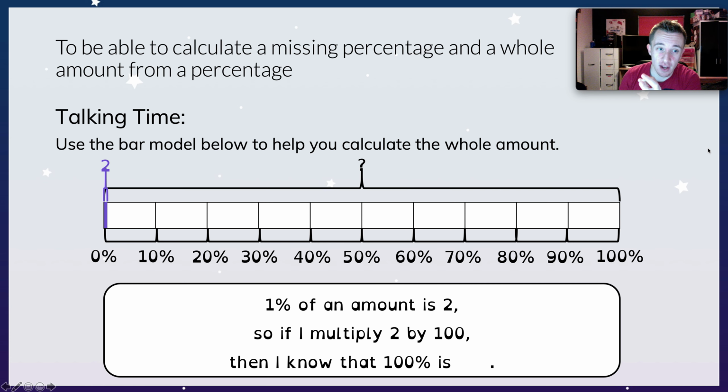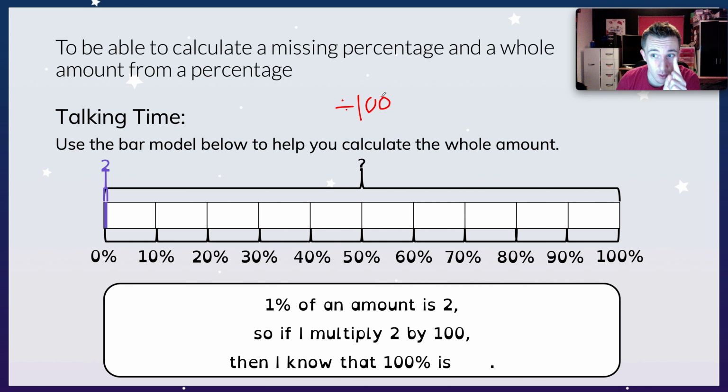Now 5%. Well, we're not quite on 5% yet, we're on 1%. To find 1%, I would normally divide by 100. So what do you think I'm going to do? I've got the 1%, but I want the original.